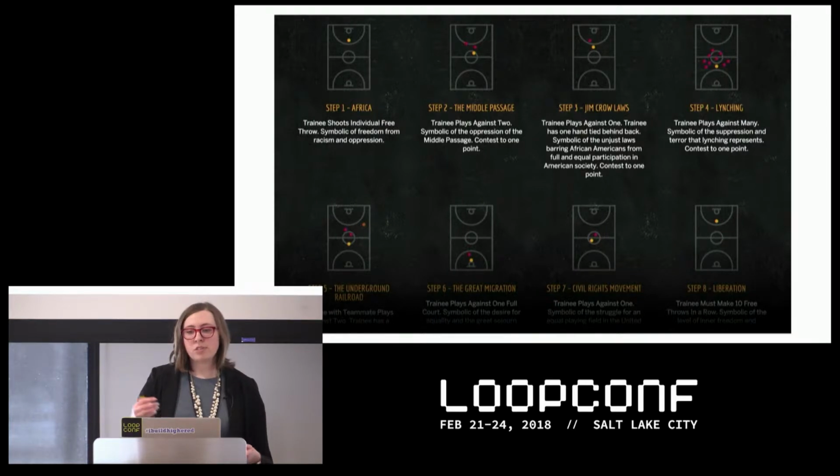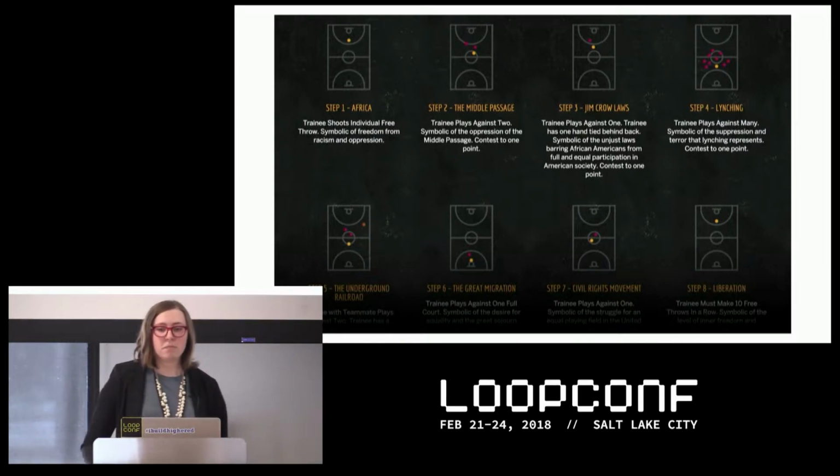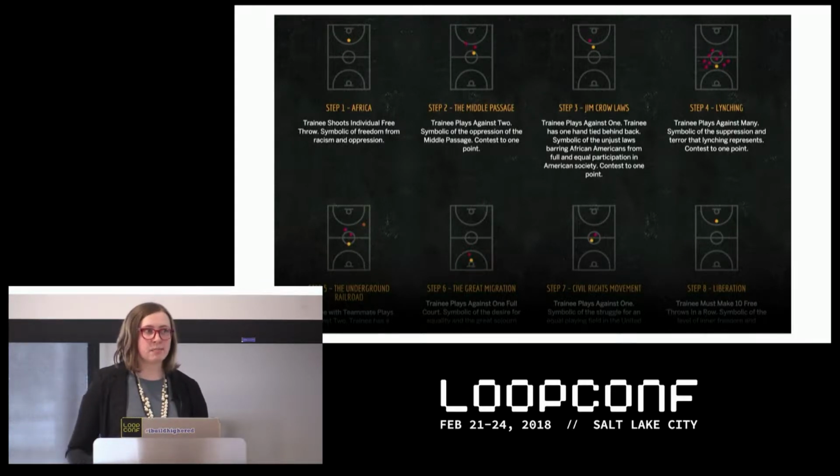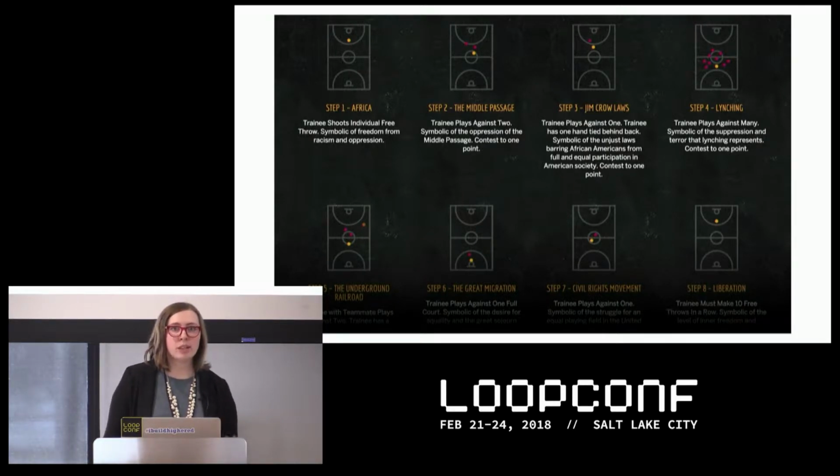And then all the way to, say, a dark point in African-American history, lynching, where you're playing one against many. Basically, in each of these steps, you're playing a basketball game that's related specifically to a point in African-American history. And the idea is that as you play these physical games, you get a better understanding of that point in African-American history, and you're supposed to reflect on your own experiences in relation to that.